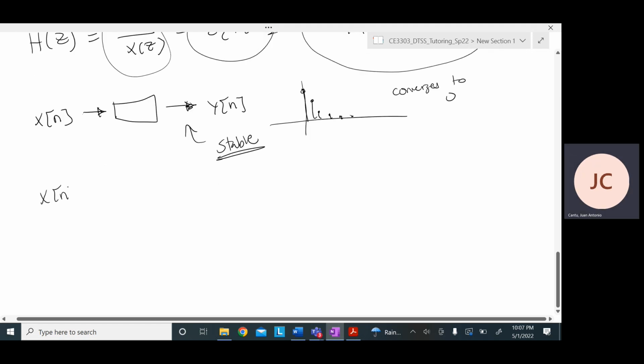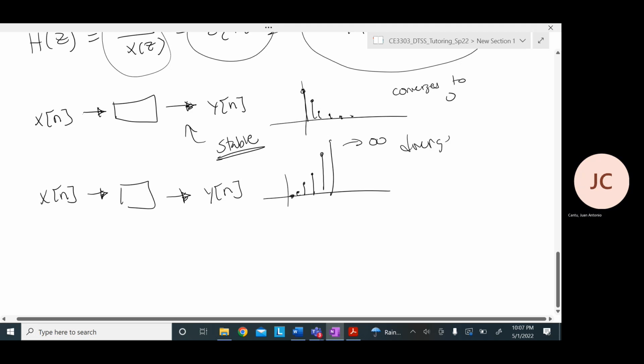But if I put an input through a system and get an output y of n that is an increasing exponential, that's clearly diverging to infinity. That means the system is unstable. It produces an unstable output.